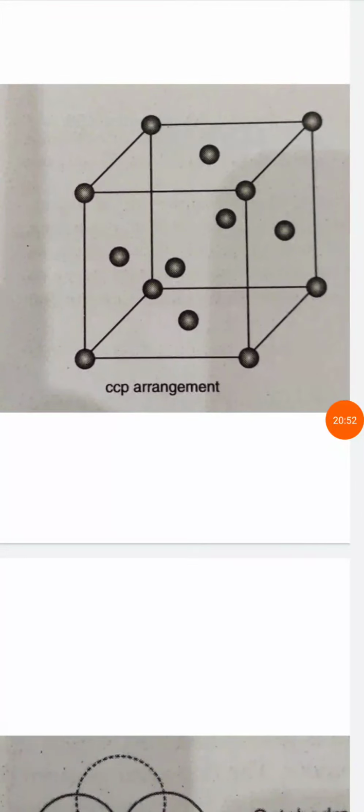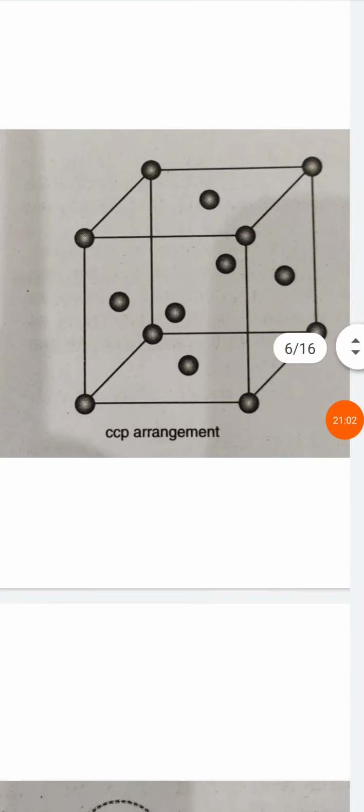One layer is made in between these two identical layers. If we join opposite corners of a face, we get 6 triangles. The second layer is formed by placing the atoms above alternate triangles, and this arrangement is also called ABAB type.